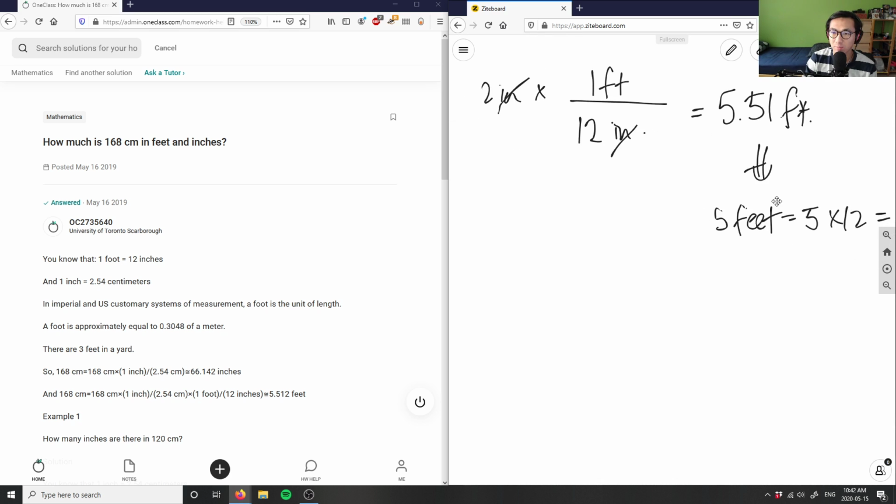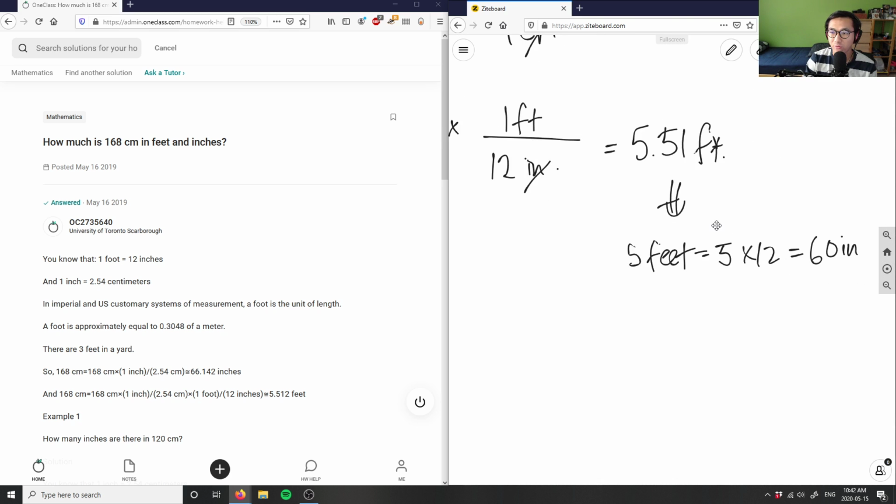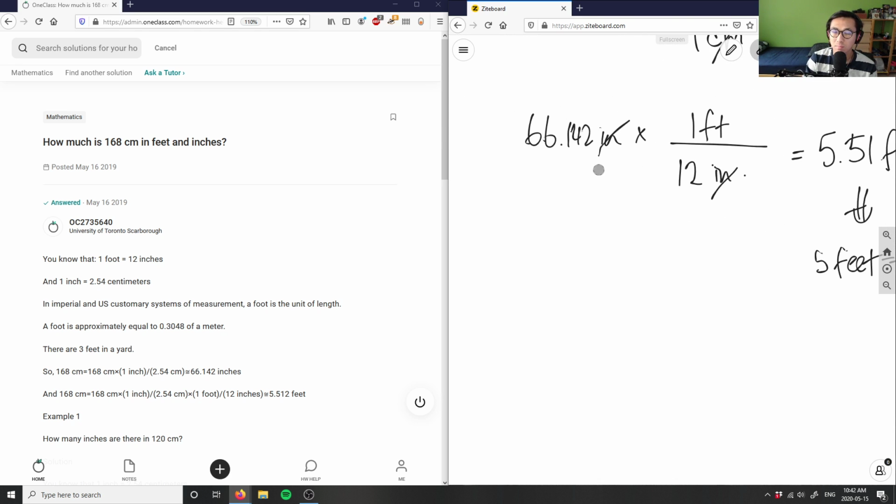Then I subtract: 66.142 minus 60, I'm left with 6.142 inches, so this would be around 5 feet and 6.142 inches here.